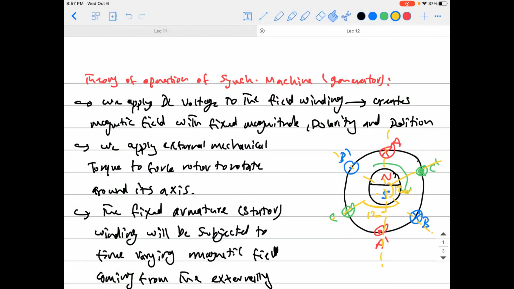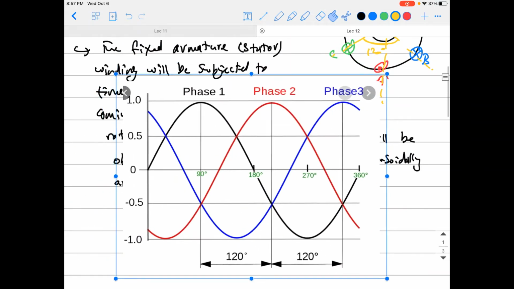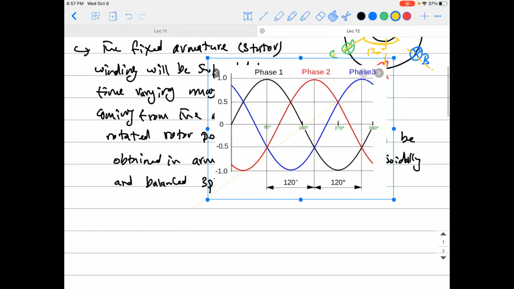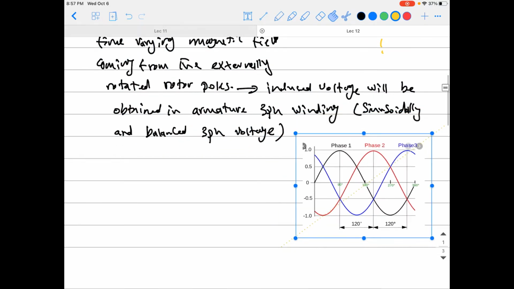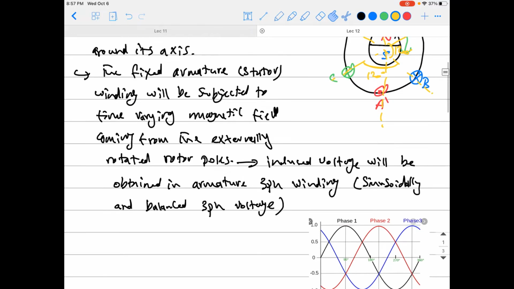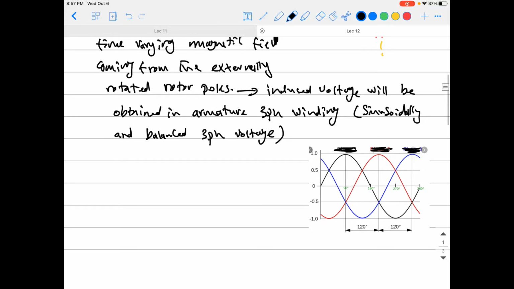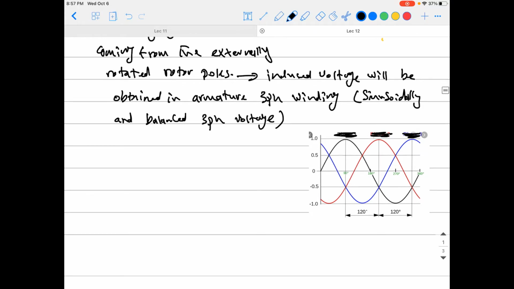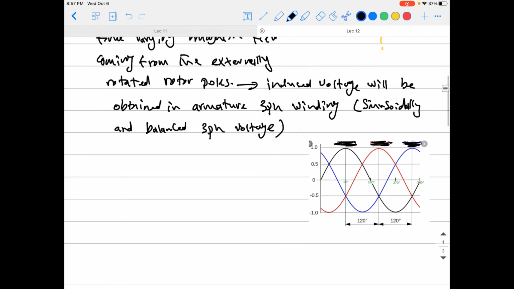So you will have three-phase voltages induced in the stator winding like this. It can be different in colors, and I will take out the names for those, but you get the idea. So you have three-phase voltages like this coming on the armature winding or the stator winding. And now that's a generator.